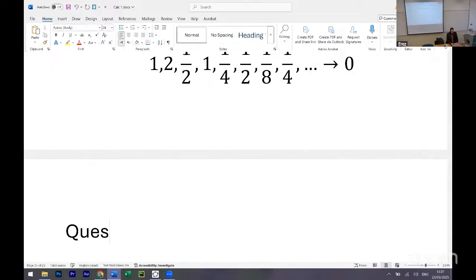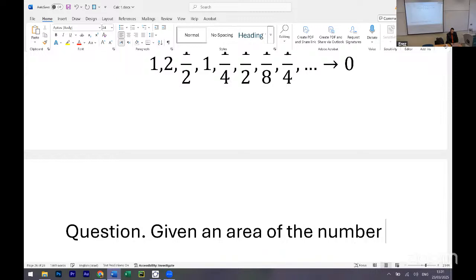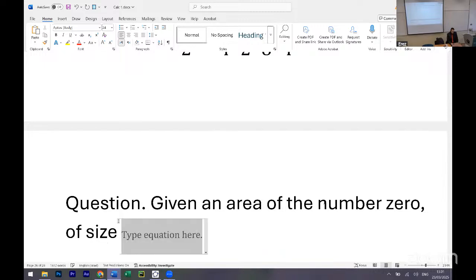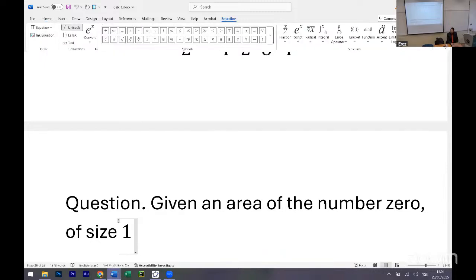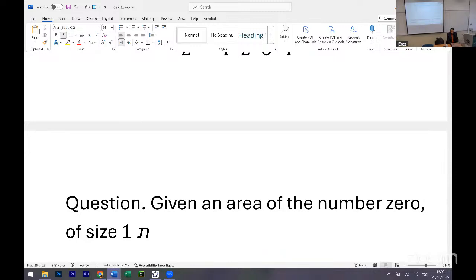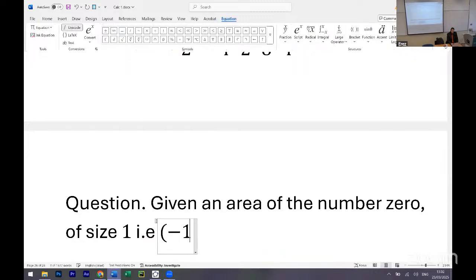Question, and then also a recap. Given an area of the number 0 of size 1, i.e. the segment between -1 and 1.